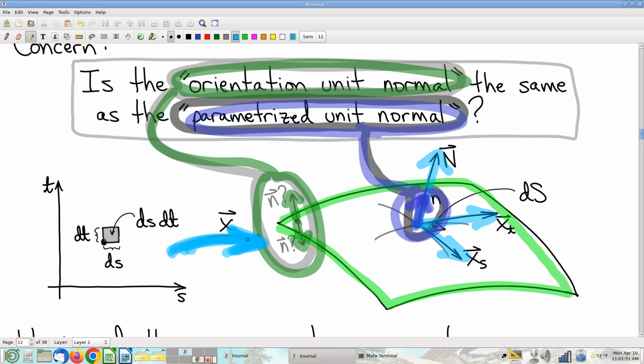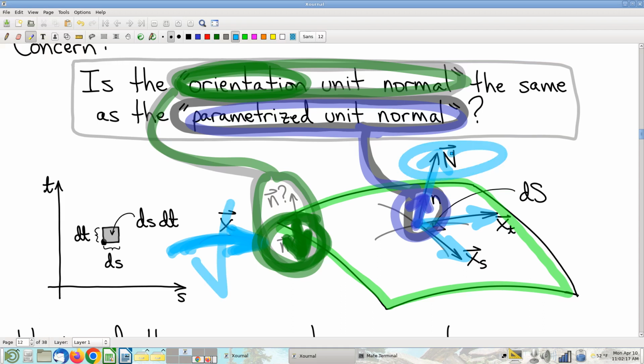So, for example, if the question asks us to compute the flux downward through this surface, and I parameterized and ended up with this capital N vector, and thus this upward parameterized unit normal, I parameterized it the wrong way.